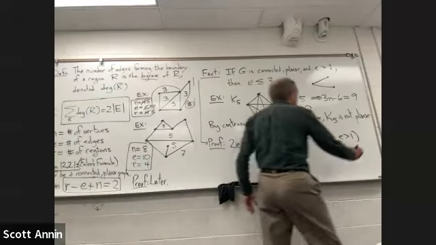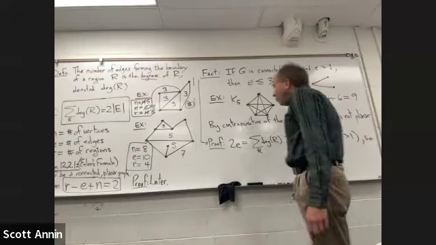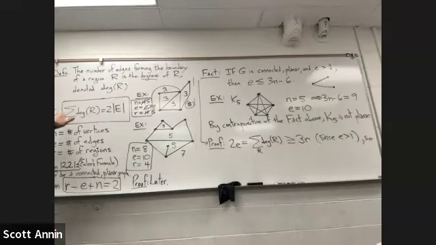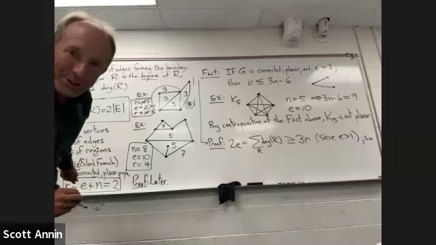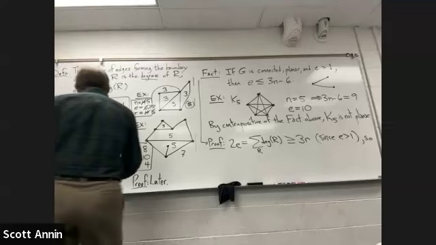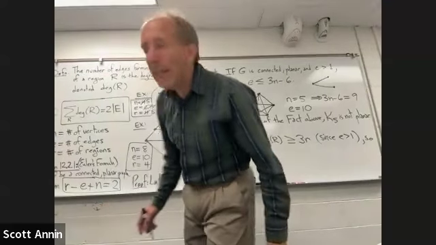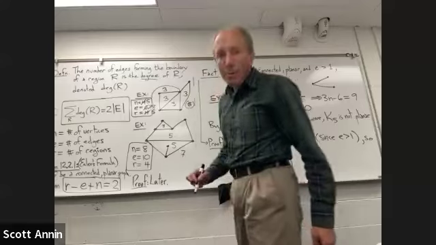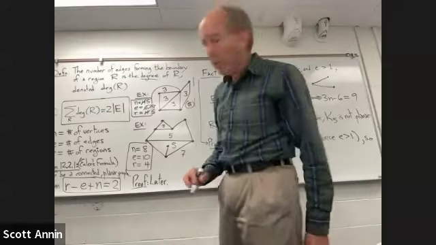Okay, so I've used the first fact over here, but now I'm going to use the Euler formula as well. The one on the bottom here that says R minus E plus N is always equal to 2.